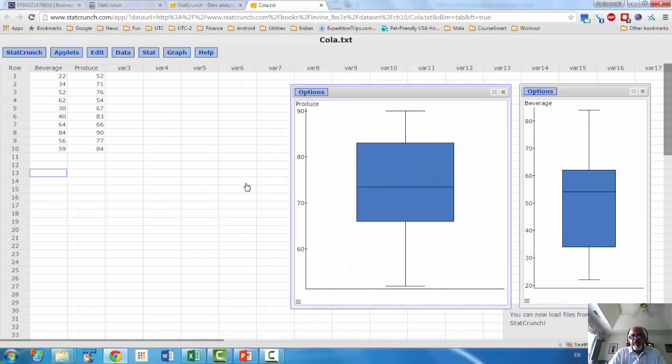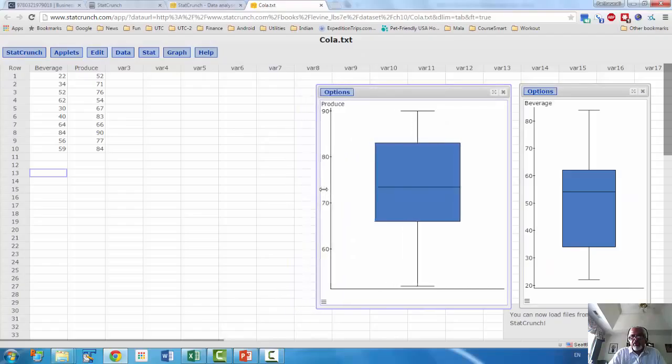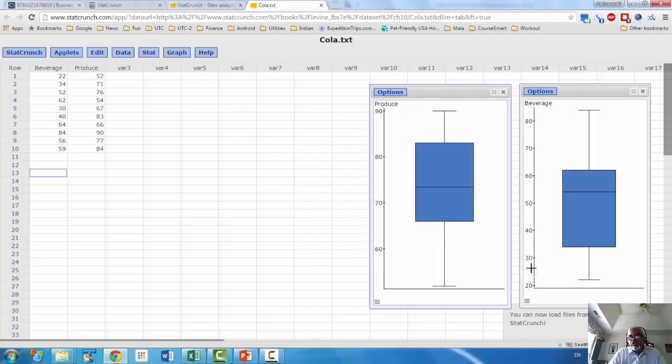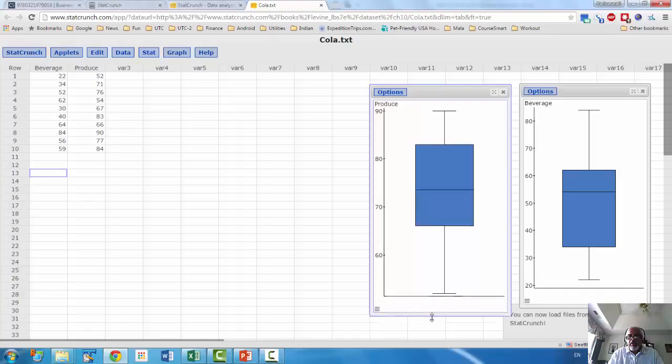Now to compare the two box plots, it's a good idea to make sure that the y-axis has the same range in both plots. So this one goes from 20 to 80. Okay, let's make this also go from, this one goes from 0 to 90, so we'll have this go from 0 to 90 as well.